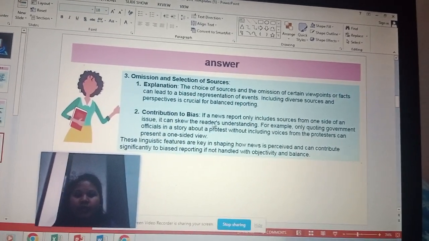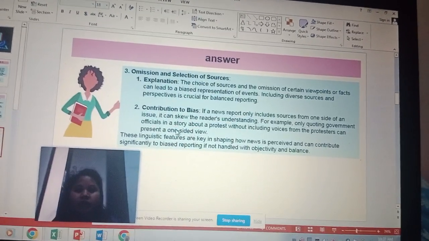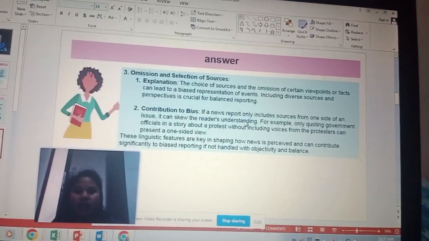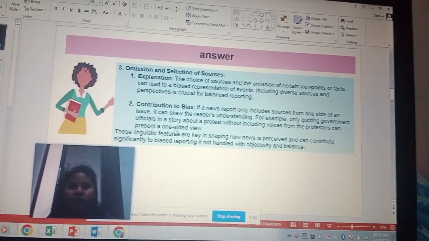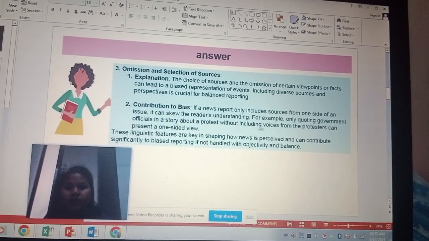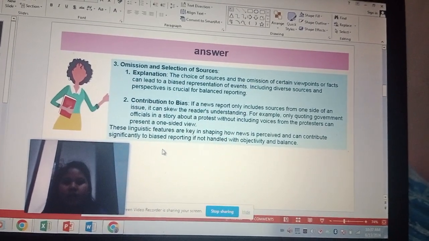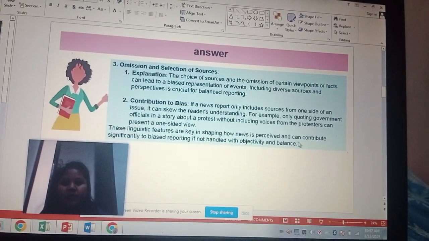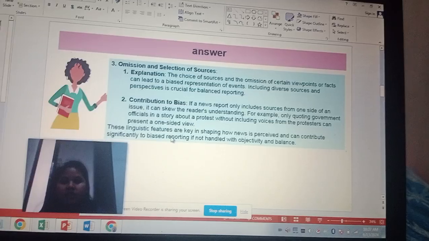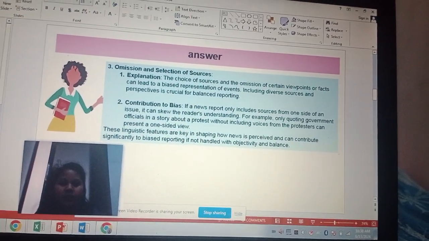Contribution to bias: if a news report only includes sources from one side of an issue, it can skew the reader's understanding. For example, only quoting government officials in a story about protests without including voices from the protesters can present a one-sided view. These linguistic features are key in shaping how news is perceived and contribute significantly to biased reporting if not handled with objectivity and balance.